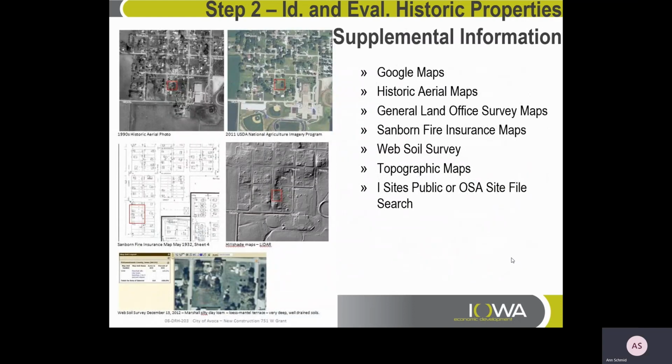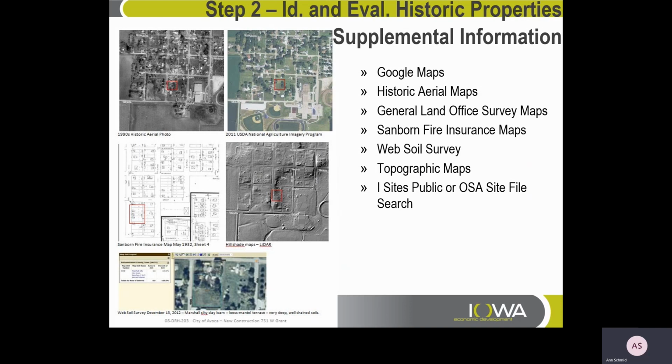As I mentioned before, there are times when we have ground disturbance, but the disturbance may be minimal, and we're able to use supplemental information to support our Section 106 consultation documents. For that, we may want to rely on information we gather from Google Maps or other online mapping systems. The state has very good resources for historic aerial maps by decade. We can use the General Land Office survey maps.